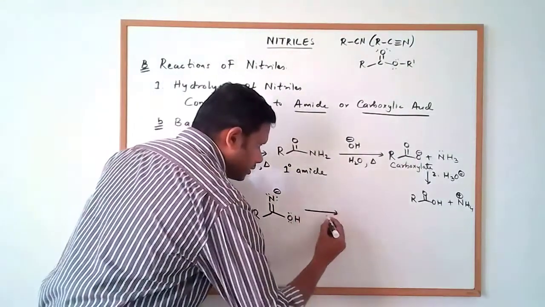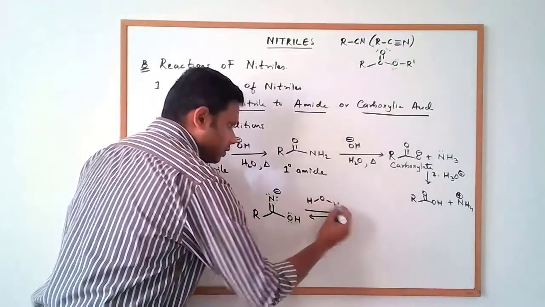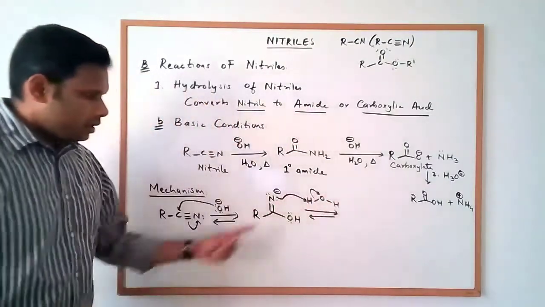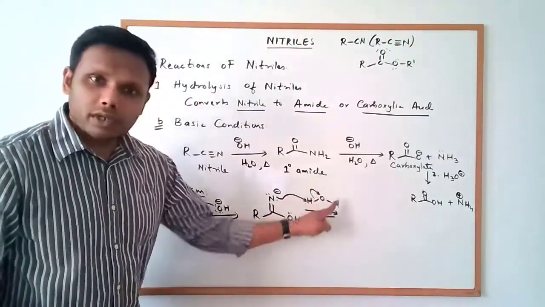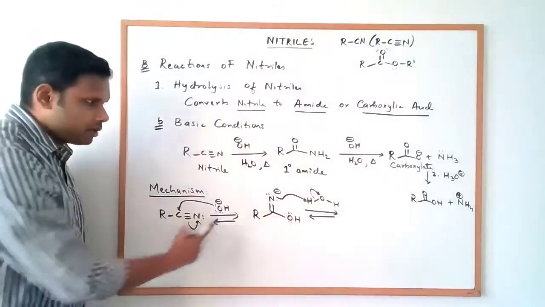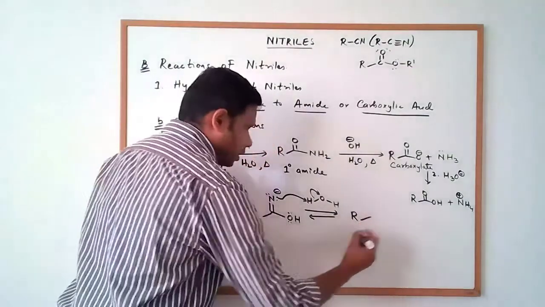Then under aqueous conditions, this nitrogen can get protonated using water. As you can see, that protonation is going to generate more hydroxide. We used a hydroxide in the first step, and in the second step, we're going to generate more hydroxide.